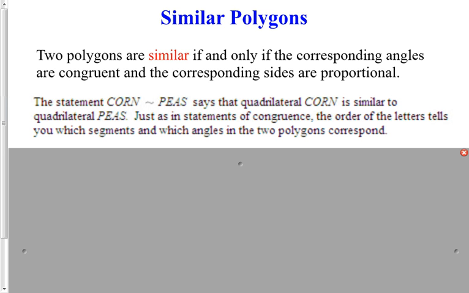So just by looking at the statement, I'll show you the actual quadrilaterals here in a second, but we know, for example, that side CO would correspond to side PE, and side OR would correspond to side EA, and so on, right? We talked a lot about this with congruency also.